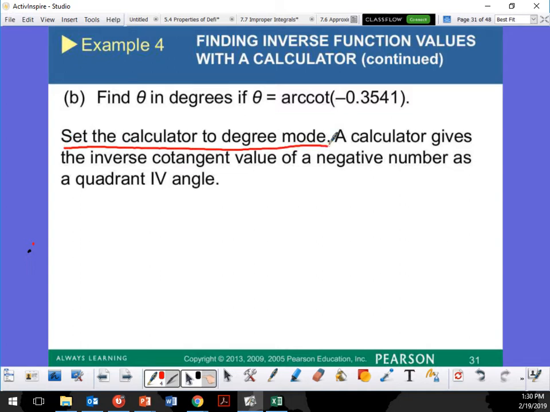Calculator gives the inverse cotangent value of a negative number as a quadrant 4 angle. So, if I'm looking for the angle, you have to do the inverse, right? Look, it even says what mode to put it in.